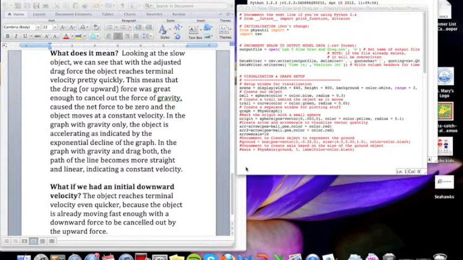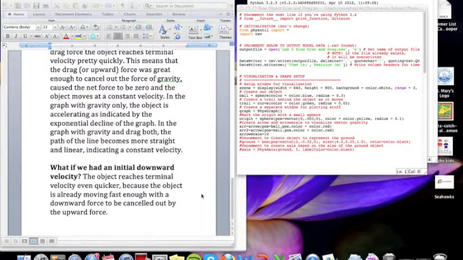So in the graph with gravity only, the object is accelerating, as indicated by the exponential decline of the simulation graph, but in the graph with both gravity and drag, the path of the line becomes more straight and linear, which we can indicate as a constant velocity. So the objects do both actually hit terminal velocity.